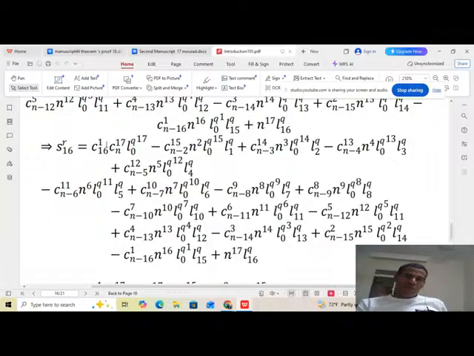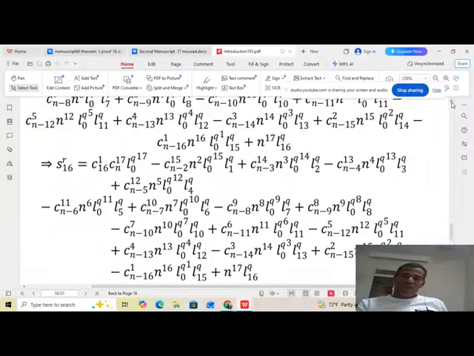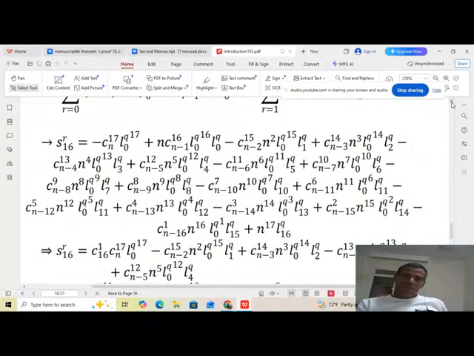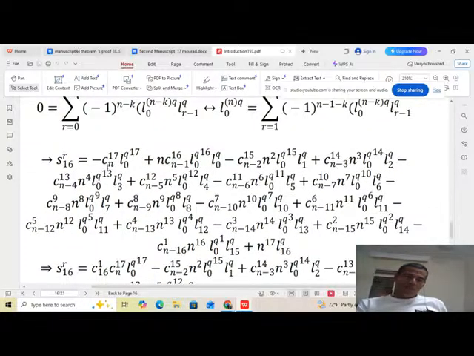Meaning the first two terms, I will just show you this one. You can use even small numbers. The first two terms, combination n choose 17 plus combination n minus 1 choose 16, is equal to 16 choose 1 times n choose 17. You see?